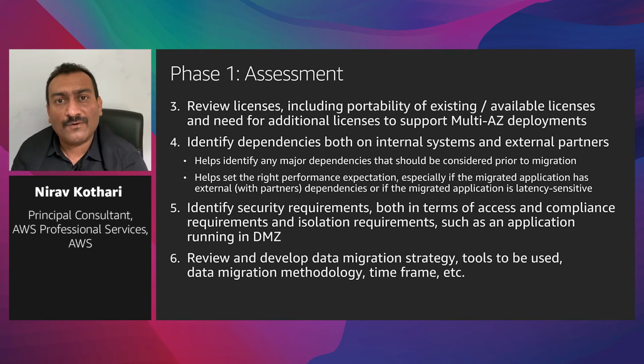At minimum, you'll have to notify them about a downtime if that's what is going to happen when you're migrating this candidate application. So identify all upstream, downstream, internal, external dependencies, because that'll feed into your readiness and planning. The next thing is you want to ensure that all these security requirements are being captured.